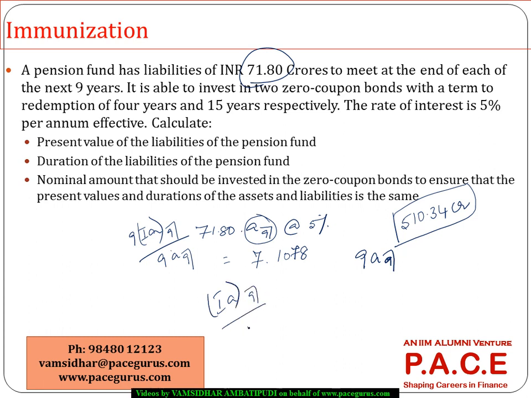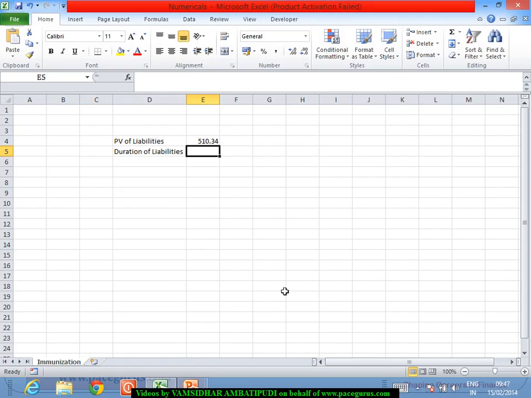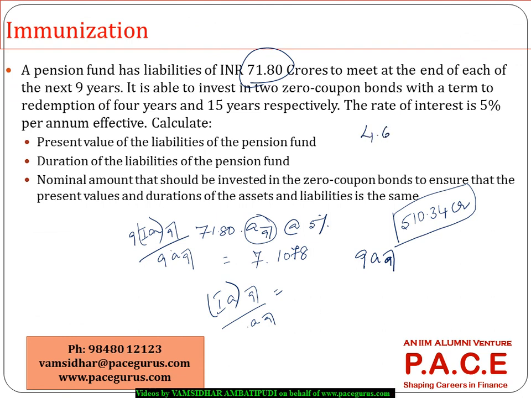The duration will work out for me as IA9 by A9, and corresponding to that 5% itself, I could take my IA9 as 33.2347. So IA9 is 33.2347 divided by A9, which is 7.1078. So based on that, it is coming out that the duration of these liabilities is around 4.675 years, right? Because it's an annuity.